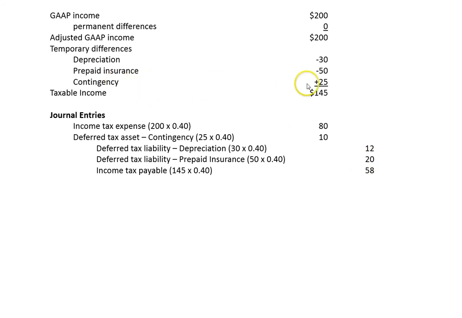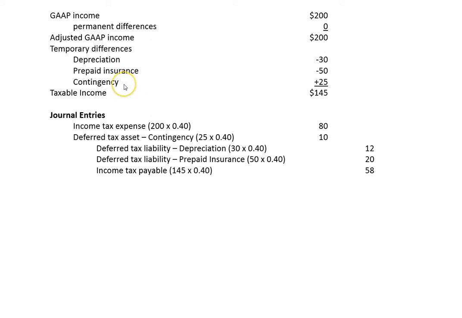The loss contingency actually results in a deferred tax asset. Here's an example where we were taking a deduction, a subtraction for GAAP purposes before we're able to take the deduction for tax purposes. So depreciation and prepaid insurance, we're getting the deduction on the income tax return before GAAP.